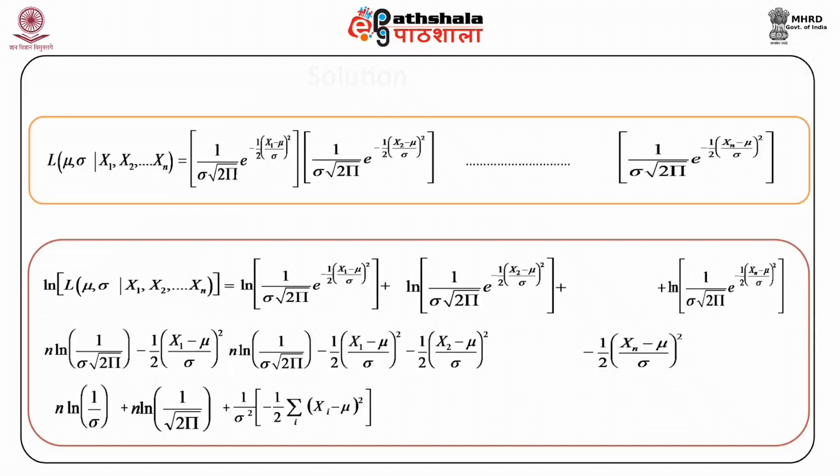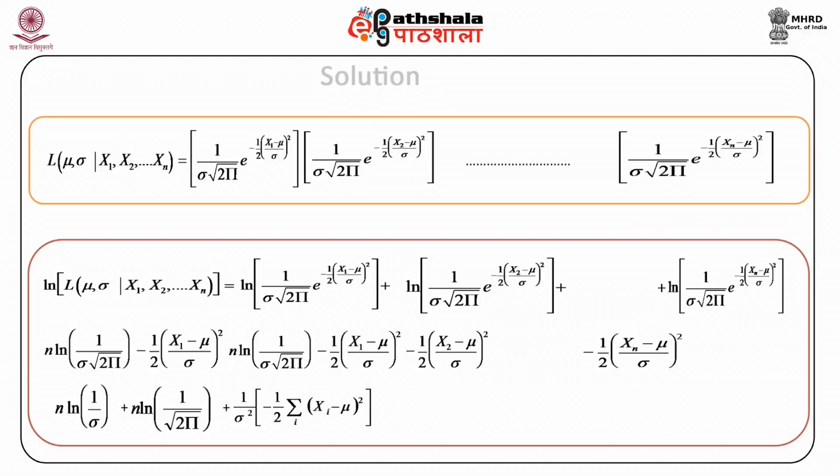Now both parameters are unknown. The likelihood function is now a function of both parameters. To derive the estimators, we have to take partial derivatives of the log likelihood function and equate each to 0 to arrive at the maximum likelihood estimators for both parameters, mu and sigma square.